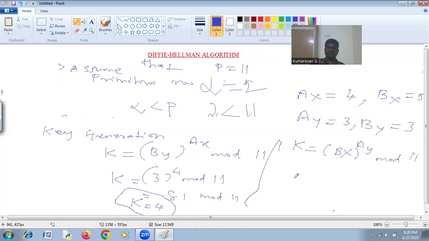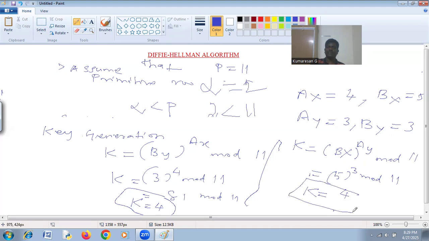What is the B value? It is 5. So 5 power the private key 3, mod 11. What is the result? We will get 4. So K is equal to 4.